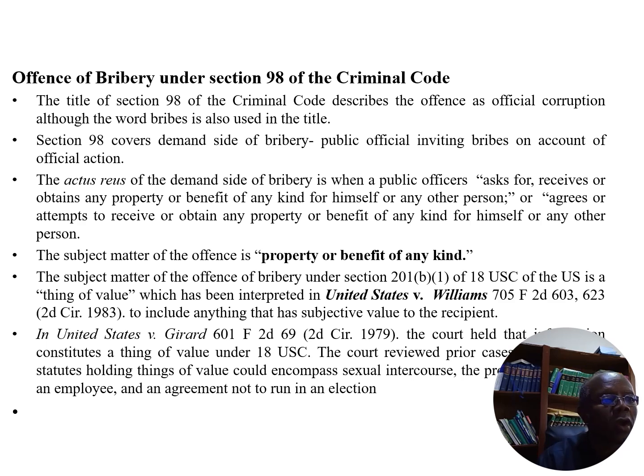And this thing of value has been interpreted in the case of United States versus Williams to include anything that has subjective value to the recipient. So once it is something that he values, however subjective that value may be, that is sufficient to constitute the subject matter of the offense of bribery. It is my belief that benefit of any kind will also cover what constitutes a thing of value under the provisions of the U.S. legislation.